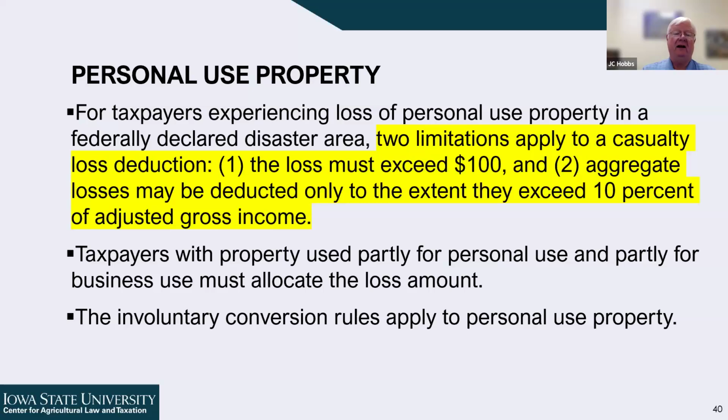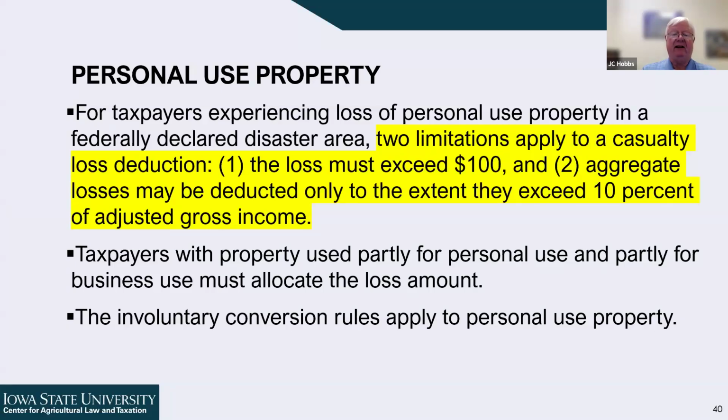Aggregate those losses, and they may be deducted only to the extent that they exceed 10% of adjusted gross income. So we don't lose it, but it is certainly curtailed by a fairly sizable amount if it is the loss of personal property outside of that federally declared disaster area. So you have to look at those two loss limitations, the $100 or the 10% of adjusted gross income.